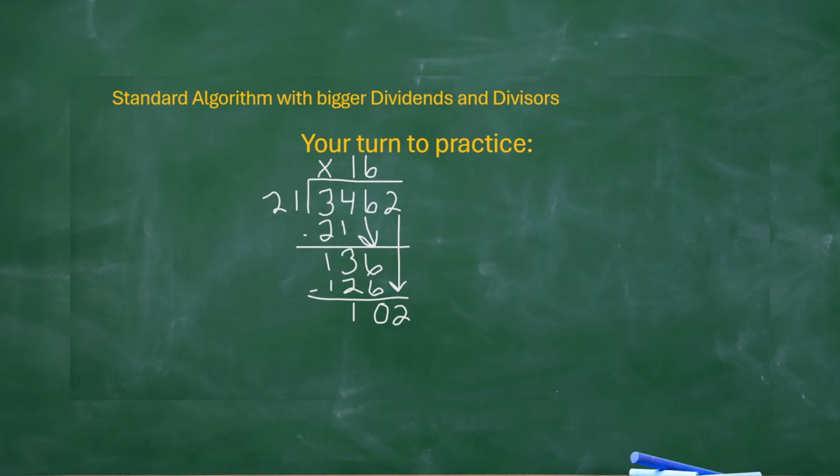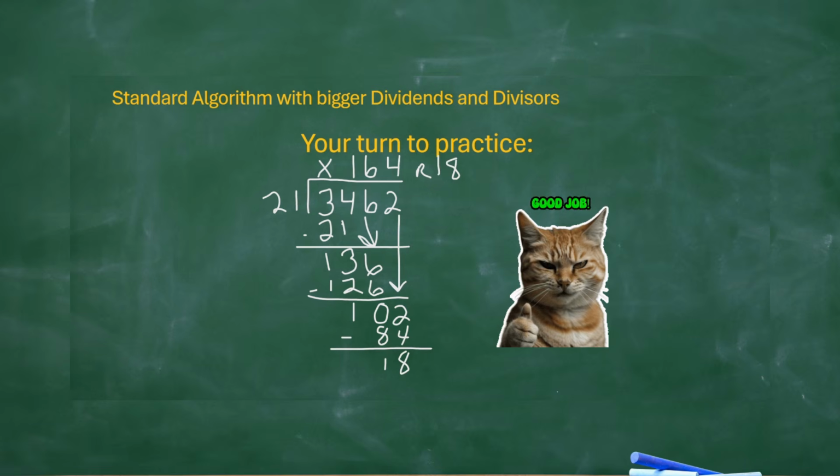How many 21s can I get out of 102? And the answer is 4. 4 times 21 is 84. And we'll do our subtraction here, and we will get left with 18. In this case, 18 is our remainder. So if you got 164 remainder 18, give yourself a pat on the back.